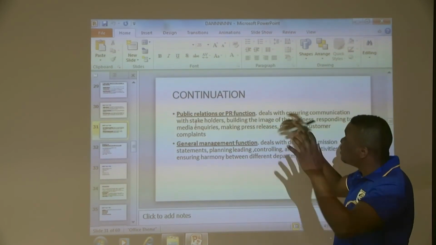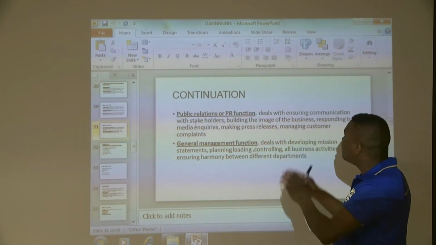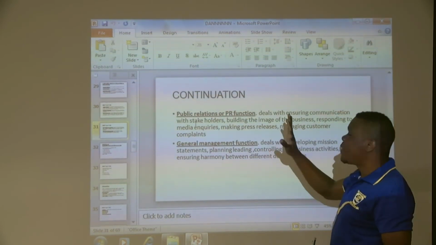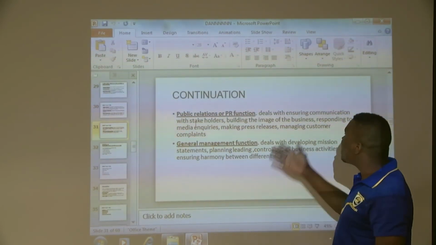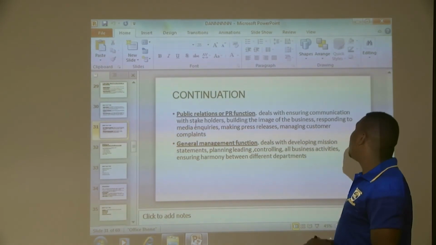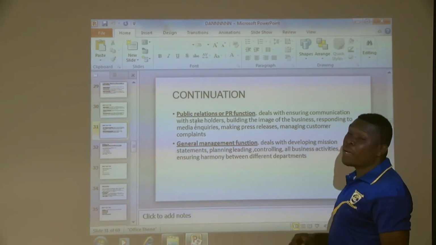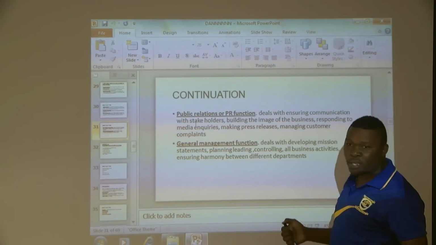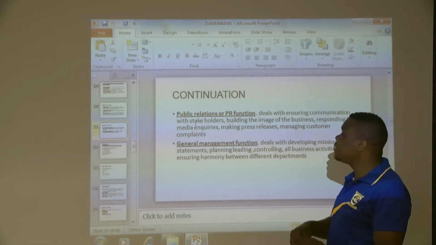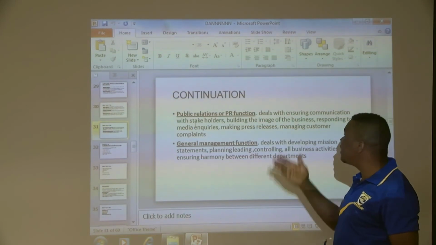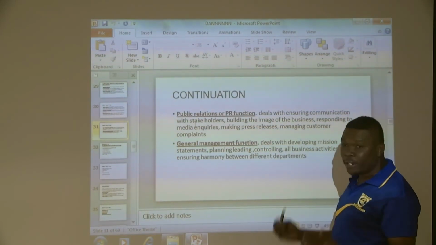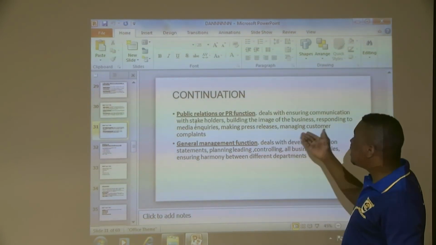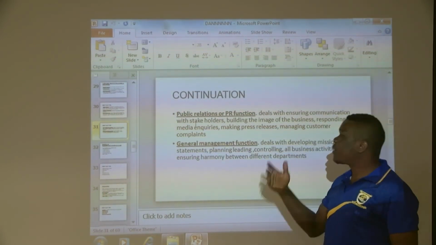So the public relations officials purely have to deal with all these inquiries from the customers, and also they improve the image of the business, and then they make press releases in case there are inquiries from the public. This department is appointed to go out and make a press release in connection with the products that they offer to the customers, and then they manage customer complaints.